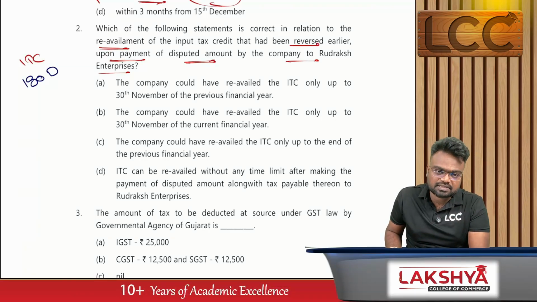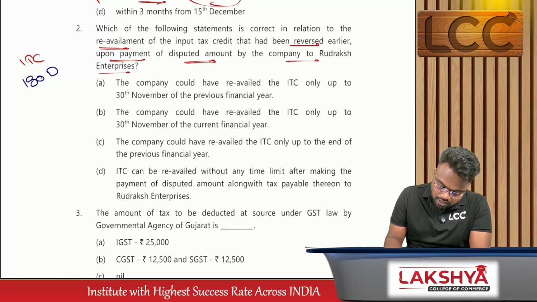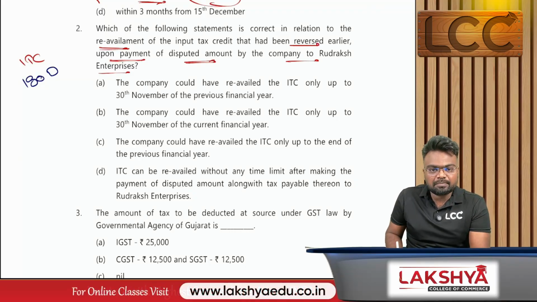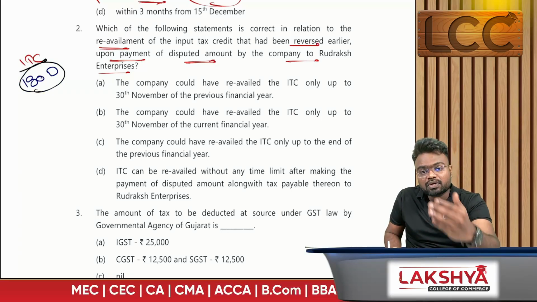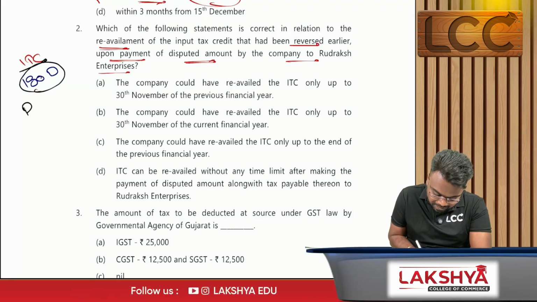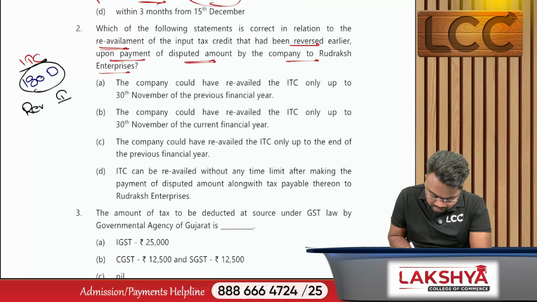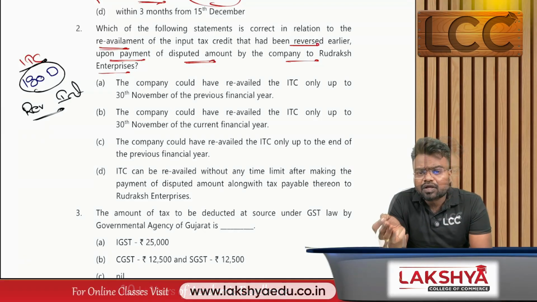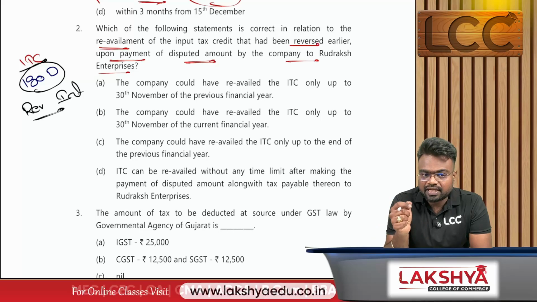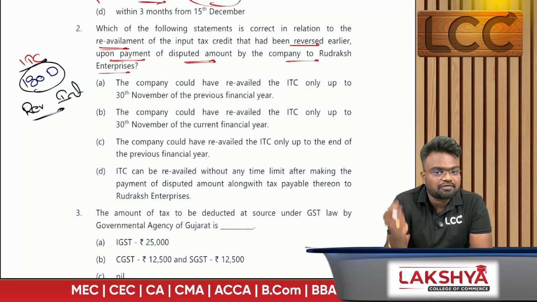Yes or no? Yes. So if you haven't made any payment within 180 days, any amount which you claimed as ITC should be reversed along with interest. Okay now, so this is what the provision. If you did not make any payment within 180 days, then the ITC should be reversed.